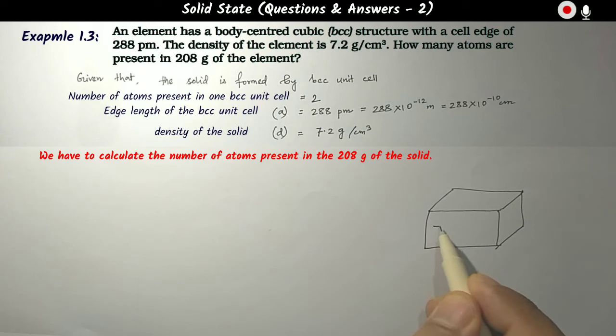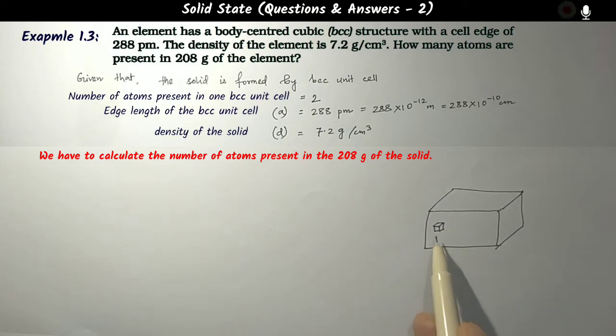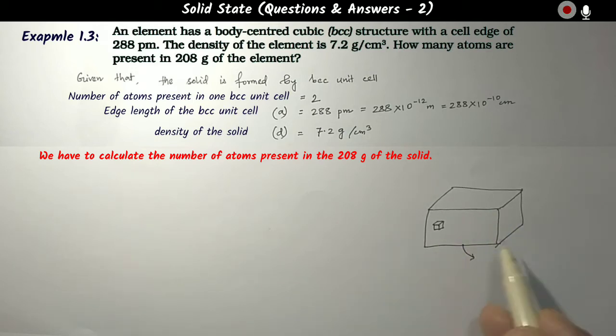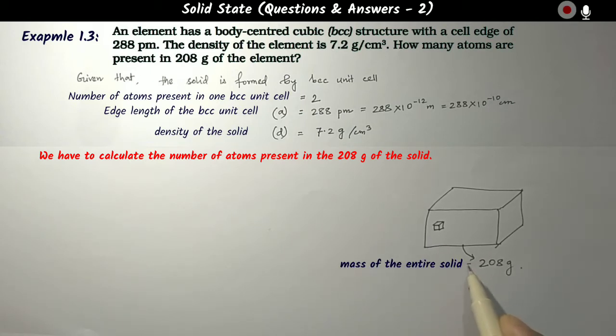Suppose this small cube represents one BCC unit cell. Our aim is to calculate the number of atoms present in this entire solid, and the mass of the entire solid, that is the element, is 208 gram.